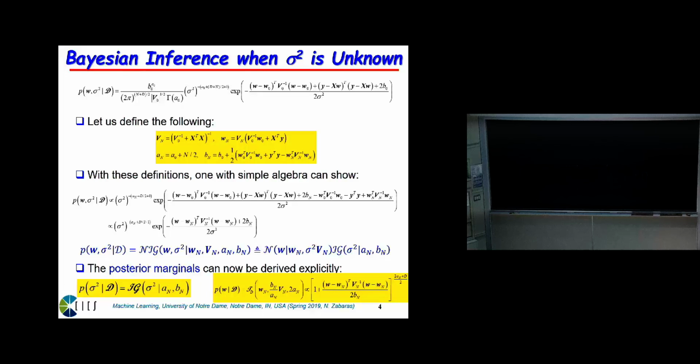Before I had the V0 in the prior, now it becomes a Vn, given by this nice formula. And then here I had alpha 0 and beta 0, they become alpha n and beta n. And actually these formulas look wonderful because this is a conjugate prior. You take the prior counts, alpha 0 and beta 0, and you add your data counts. Okay? The derivation is really one slide.